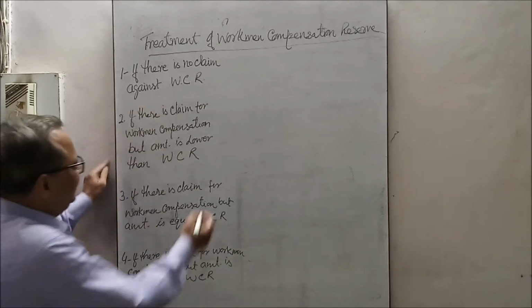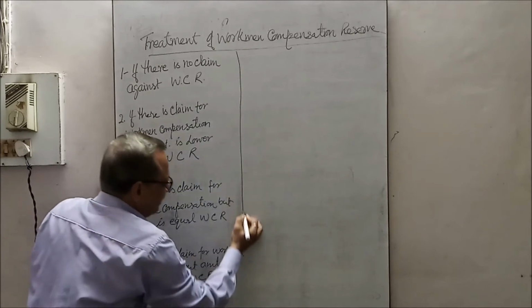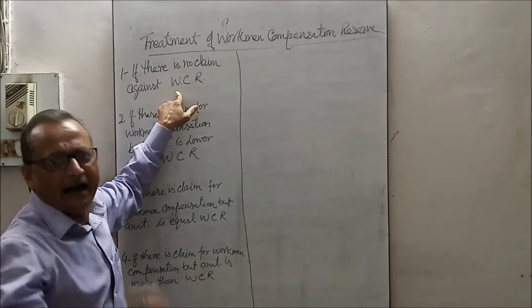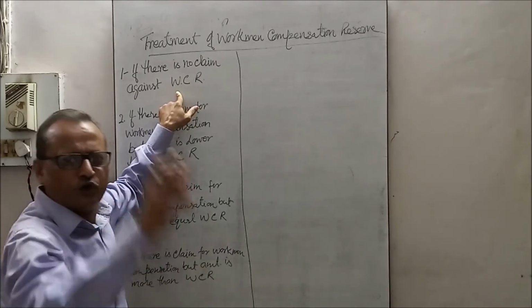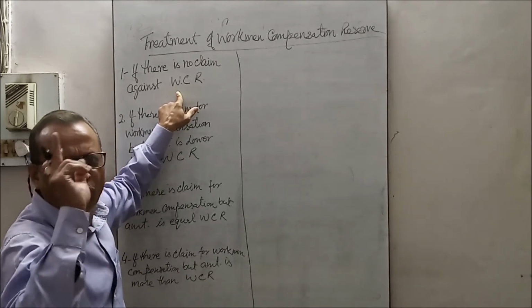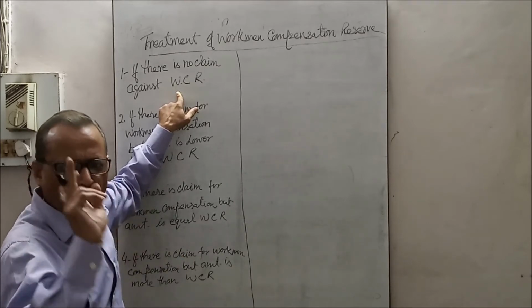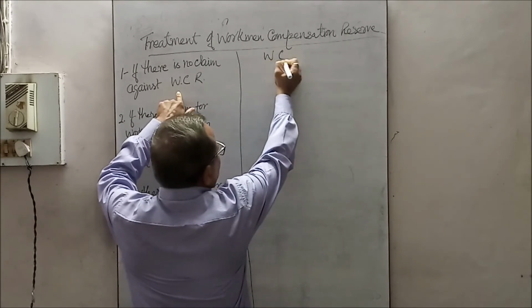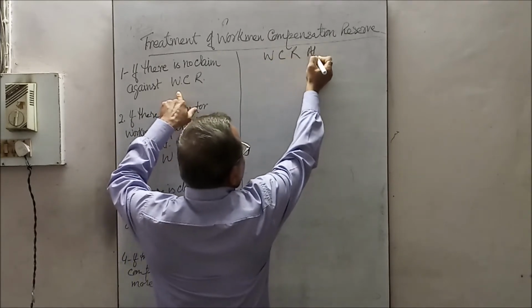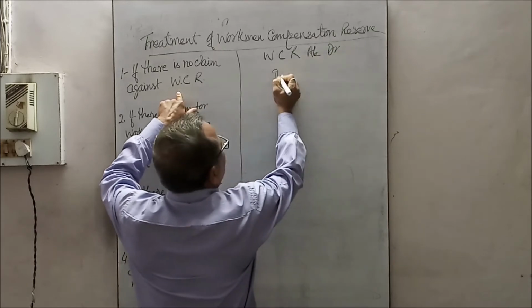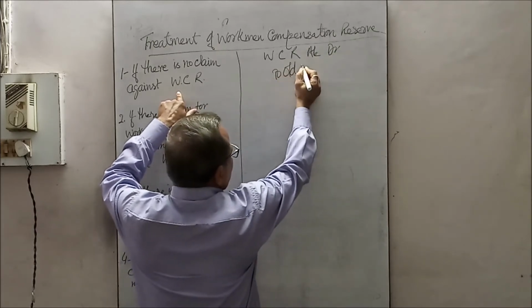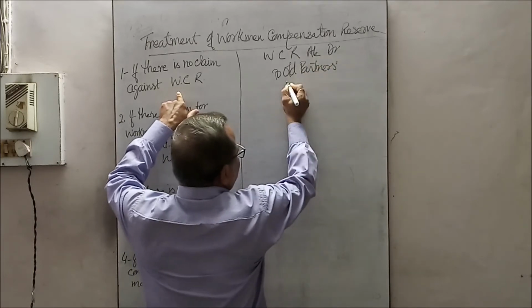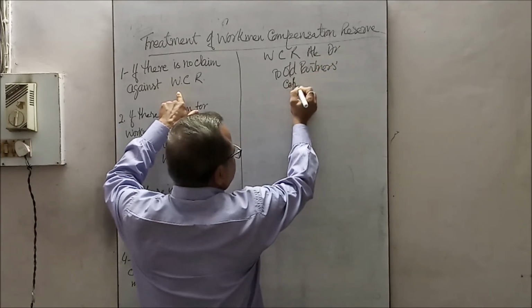In this case, if there is no claim against workmen compensation reserve, then the whole of the workmen compensation reserve appearing in the liability side of the balance sheet should be distributed to the old partners in their old ratio, and the entry is passed for that: workmen compensation reserve account debit to old partners capital account.